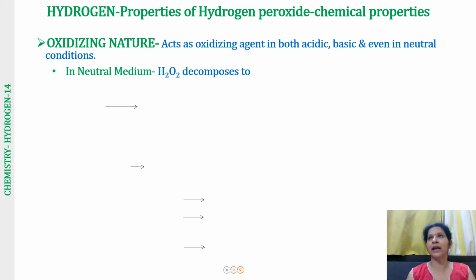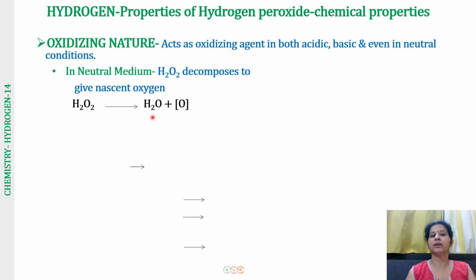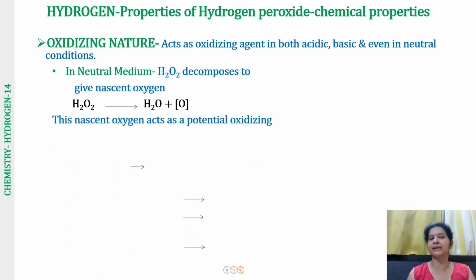So here we do not add either an acid or a base. It is just the reaction with the compound where hydrogen peroxide is getting decomposed to give nascent oxygen according to the reaction H2O2 decomposing to form water, and a nascent oxygen is getting released. This nascent oxygen has a potential to oxidize the substances.